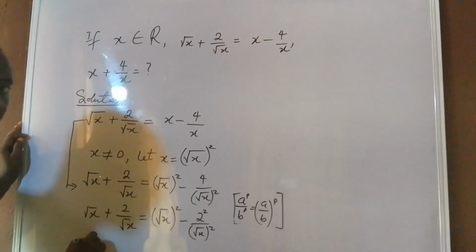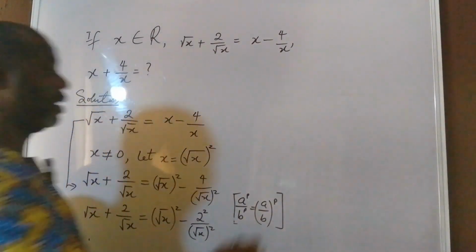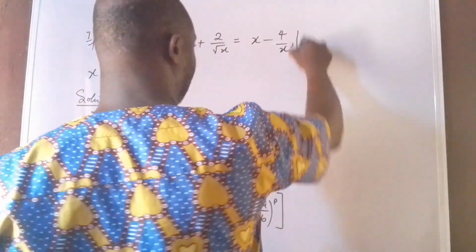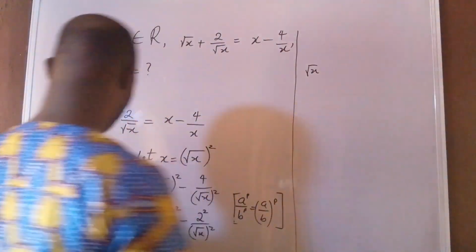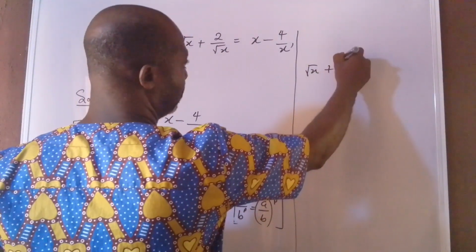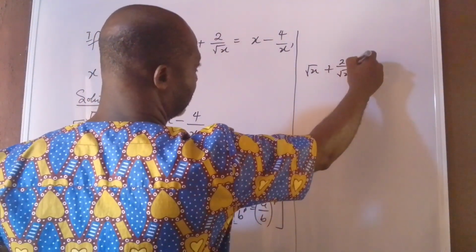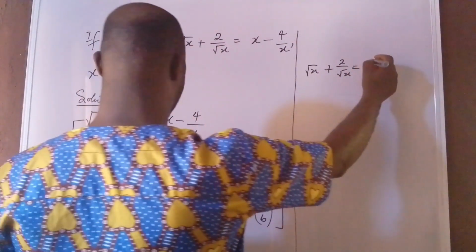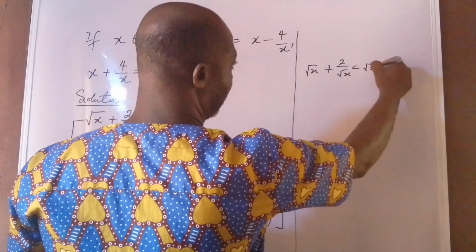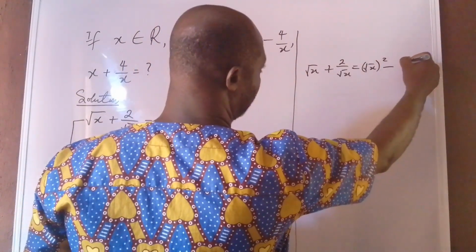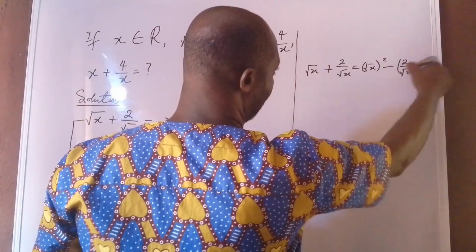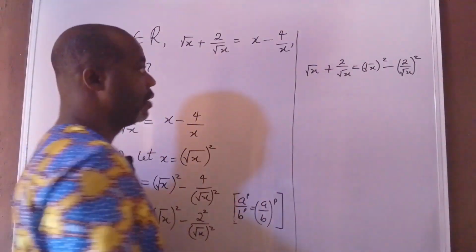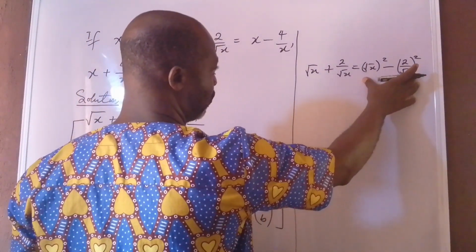So from here, square root of x plus 2 over square root of x equal to, this now becomes square root of x squared minus 2 over square root of x all squared. If that's the case, then we can apply the difference of 2 squares here.